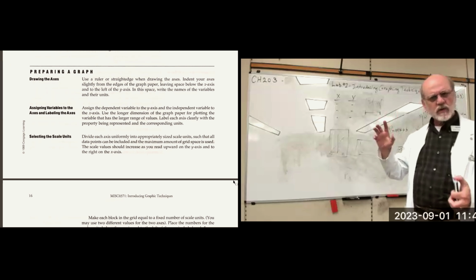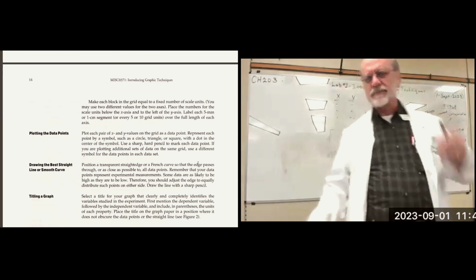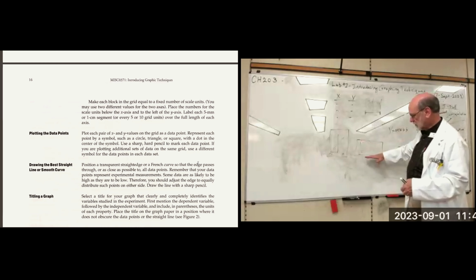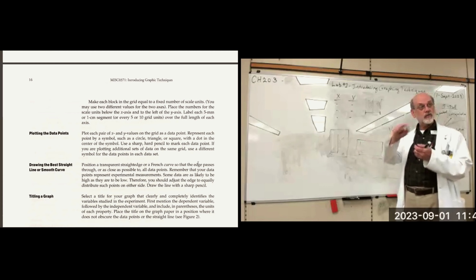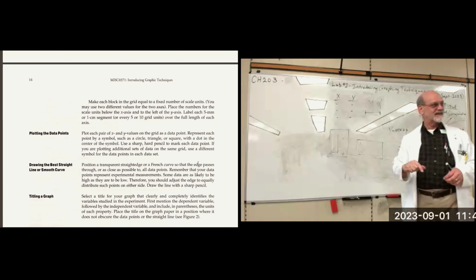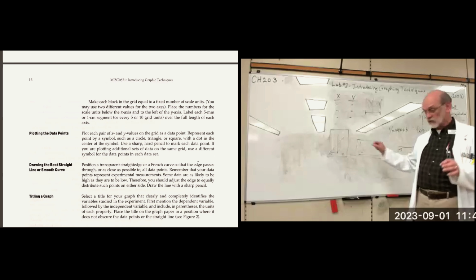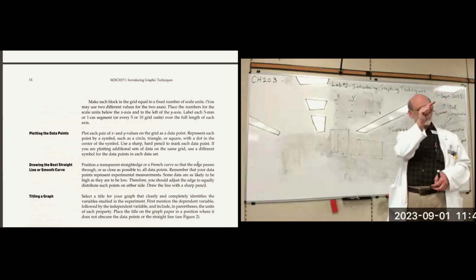Okay, so let's see, what do I need to do next? Once you've decided how far you're going with your data, then you want to label your axes. You want to set the axes far enough from the edge of the paper so you've got room to write your numbers and labels in. Label the axis, put in your tick marks and write in what they represent. You don't have to write a value for every little square.